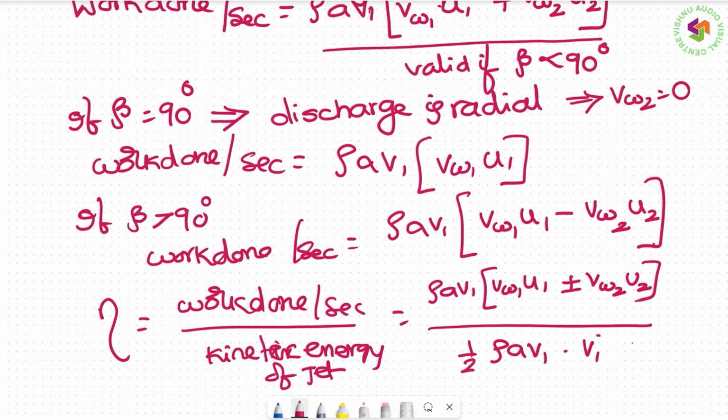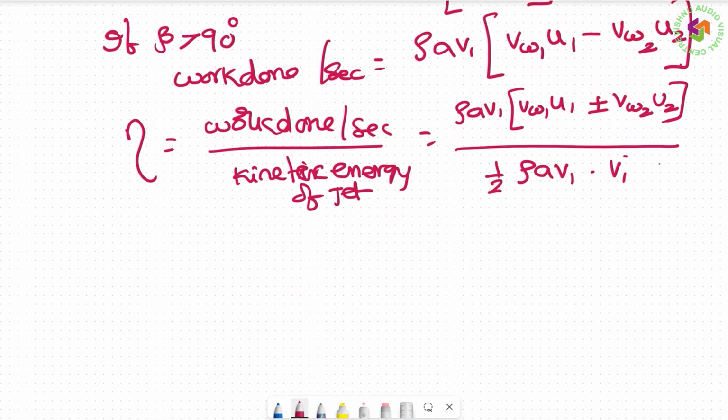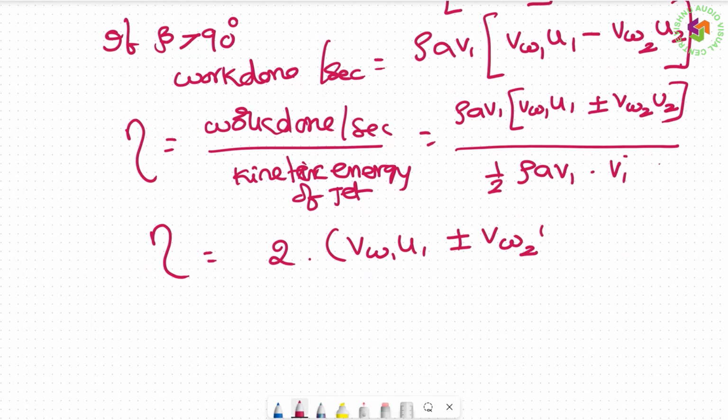So rho A V1 you can cancel. So here eta is equal to 2 into (VW1 U1 plus or minus VW2 U2) divided by V1 square.